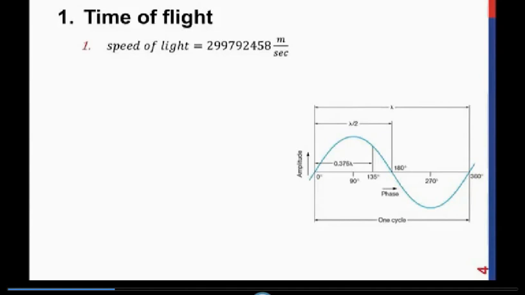Next, how to measure the distance between 2 points. There are two methods by which we can measure the distance between 2 points using an electronic distance measurement technique. To measure the distance between 2 points, you need the EDM device and a reflector.